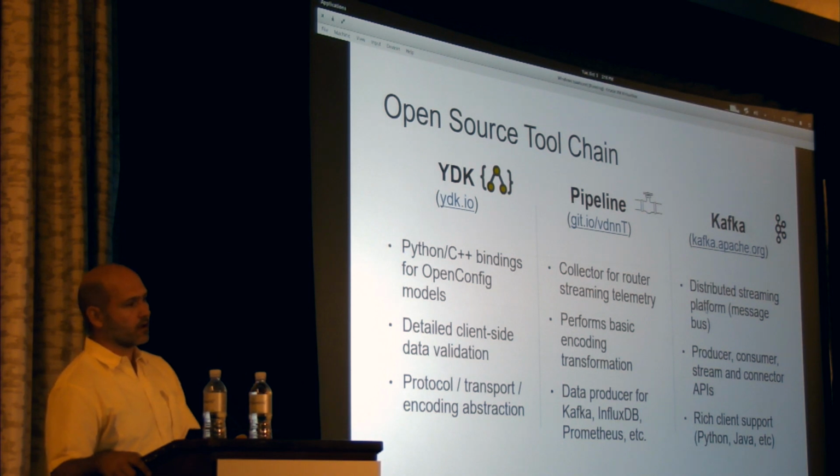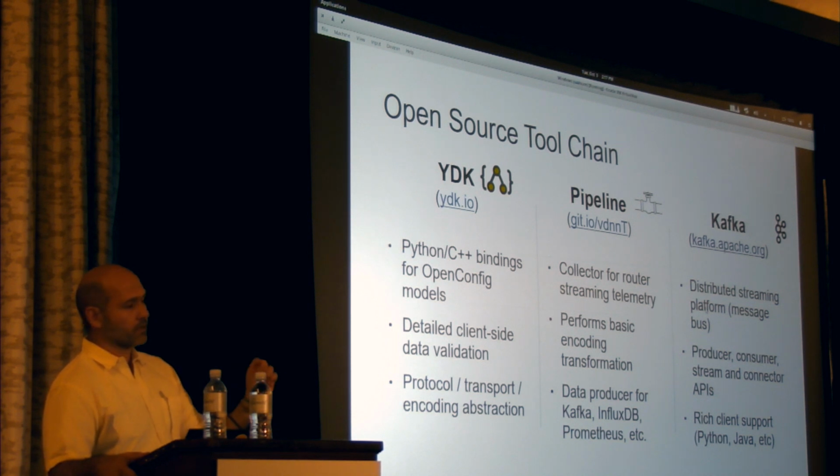The data is going to come to that collector in protocol buffer encoding, and it's going to transform it to JSON. And this collector can act as a producer into other platforms. In particular, in this test bed, we're going to use Kafka, which is also another open source project, as a message bus.